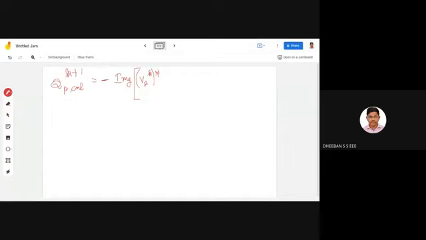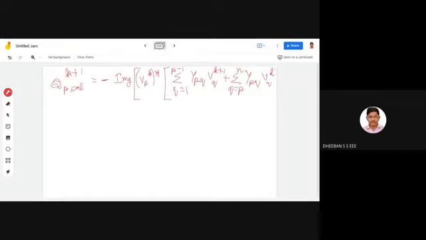This equation we have already seen with respect to the algorithm: summation q equal to 1 to p minus 1, ypq vq^(k+1), plus summation q equal to p to n, ypq vq^k.